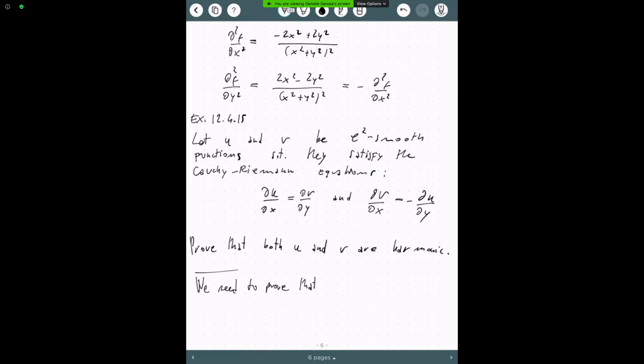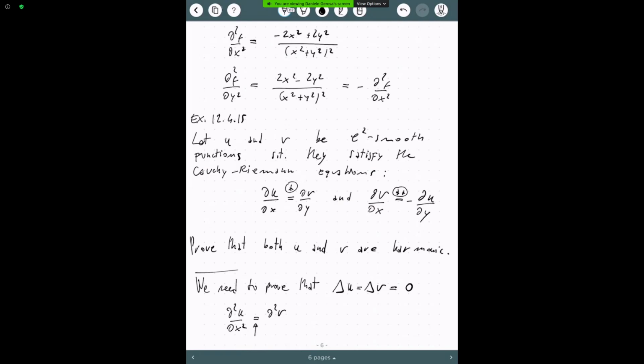So we need to prove that the Laplacian of u is equal to the Laplacian of v, which is equal to 0. And then it's quite easy to see, because if you take the second order partial derivative with respect to x of u, this is equal to, by the Cauchy-Riemann equation, I'm using star, maybe I can call this star and this star star.